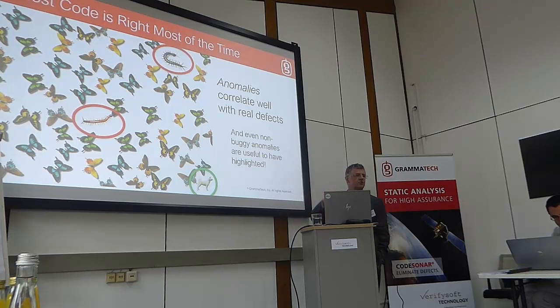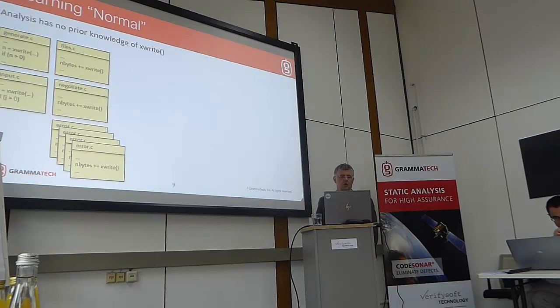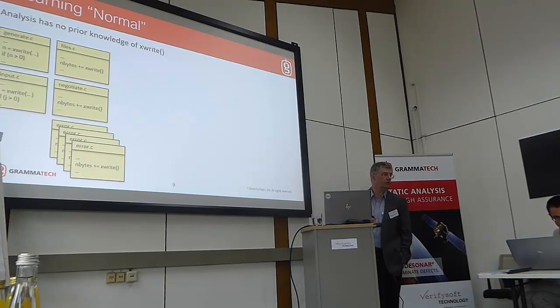Or to take special measures to test them a little bit more thoroughly, because things that are anomalous generally don't get tested as well as things that are normal. So the key thing is, how do you learn what normal behavior is?